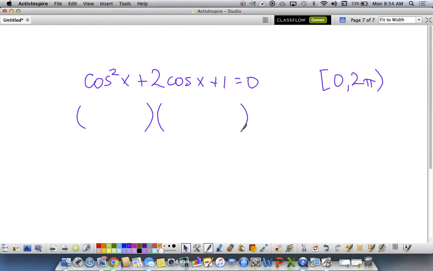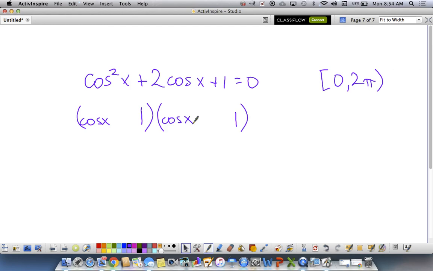What factors? If you have an x squared plus 2x plus 1, only two things are going to multiply together to get cosine squared. Only two things are going to multiply to get 1, right? 1 times 1 is the only thing that's going to give me 1. Cosine times cosine is the only thing that's going to give me cosine squared.